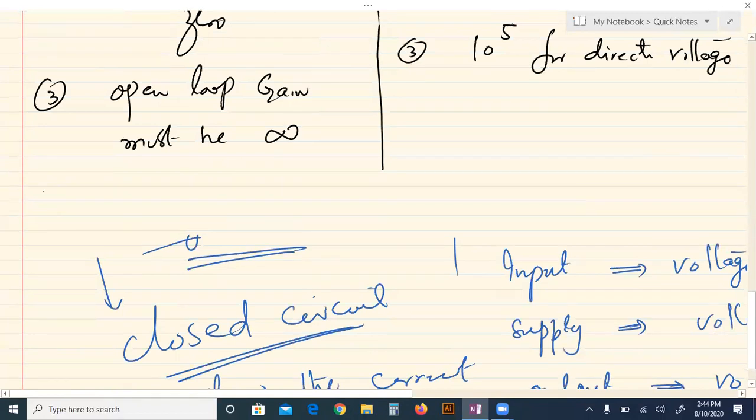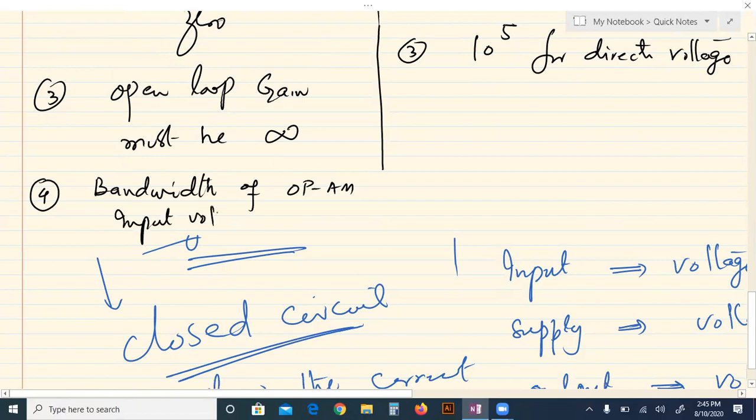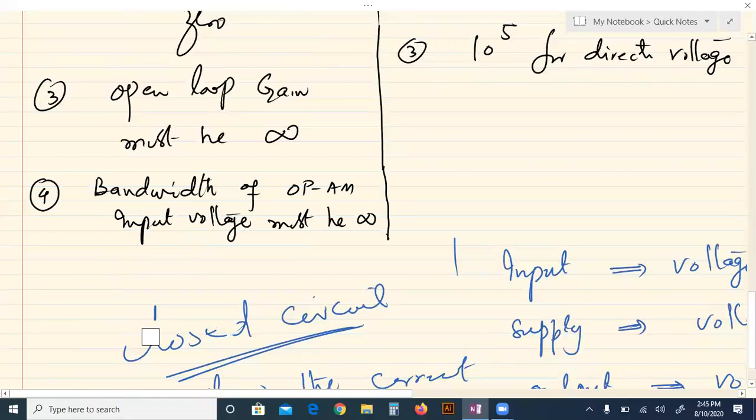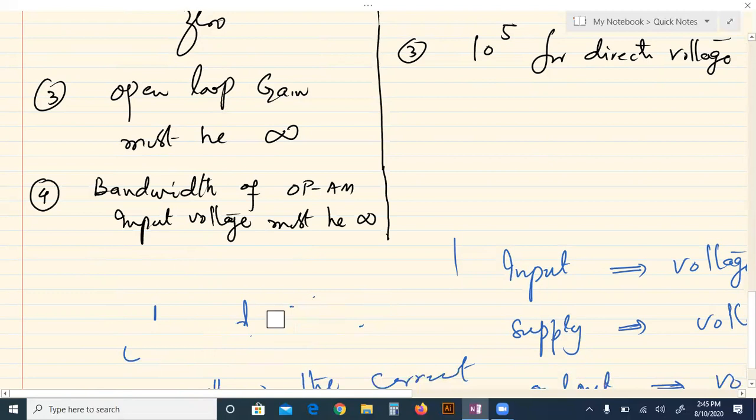And number four, the bandwidth of the operational amplifier input voltage must be infinity, meaning there is no limit for the input voltage. All frequency voltages are accepted by it, because the bandwidth means the range of frequency for the input voltage is infinity.